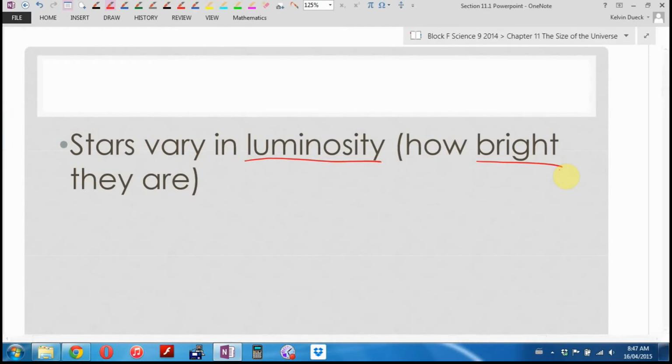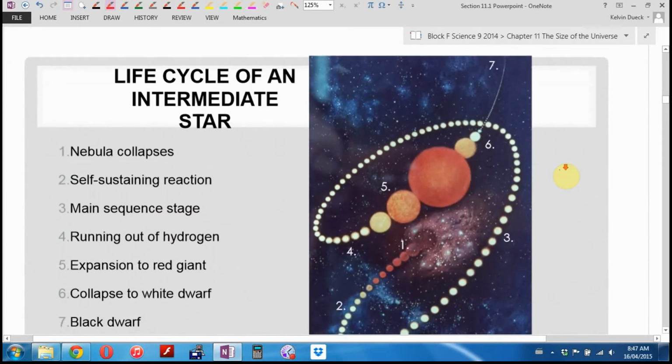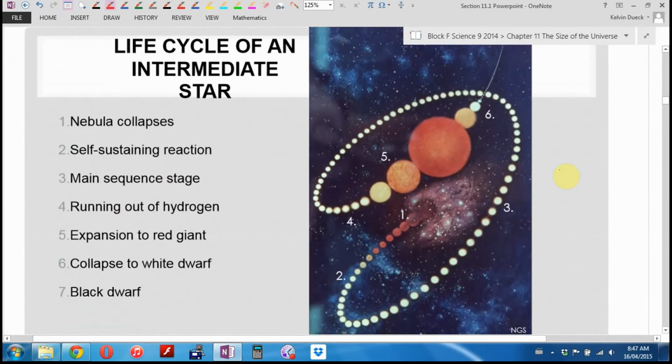So, an average or intermediate star has a life cycle that looks like this. So you have 7 little blanks there, and I've got a little color picture. The first thing that happens is a nebula collapses.